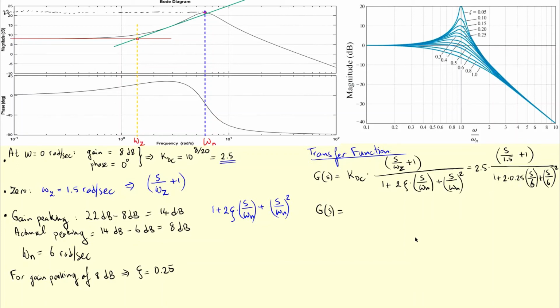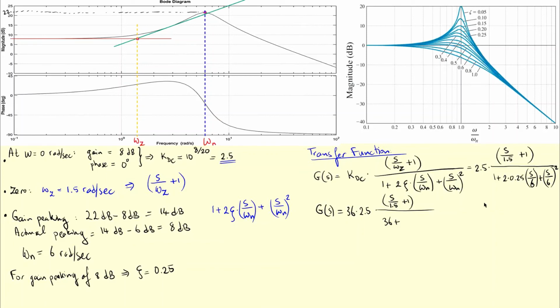So what you have now, and I will use that 36 not in here, but just multiply this factor 2.5 with it. So what I have is, I will make this clear here, 36 times 2.5 times s, and I will leave the 0 here as it is, and divided by 36 plus, because 1 times 36, and this is 0.25, this is 0.5, and 0.5 times 36 divided by 6 is actually just times 6.